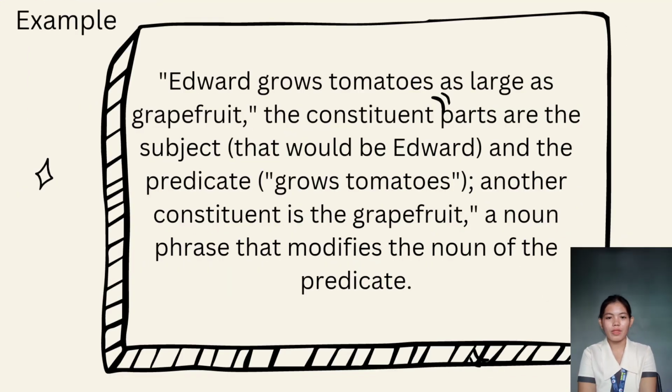For example, Edward grows tomatoes as large as grapefruit. The constituent parts are the subject, which would be Edward, and the predicate, grows tomatoes. Another constituent is as large as grapefruit, a phrase that modifies the noun of the predicate.